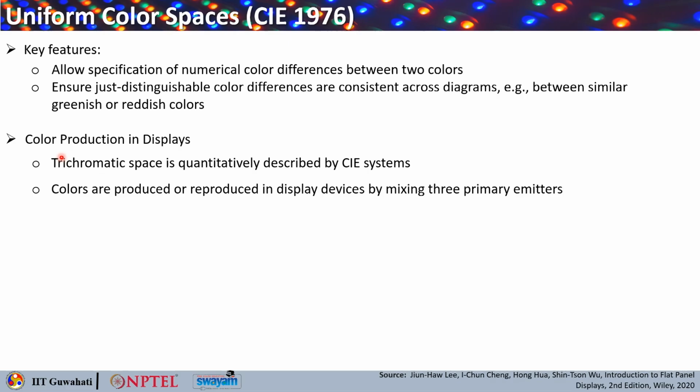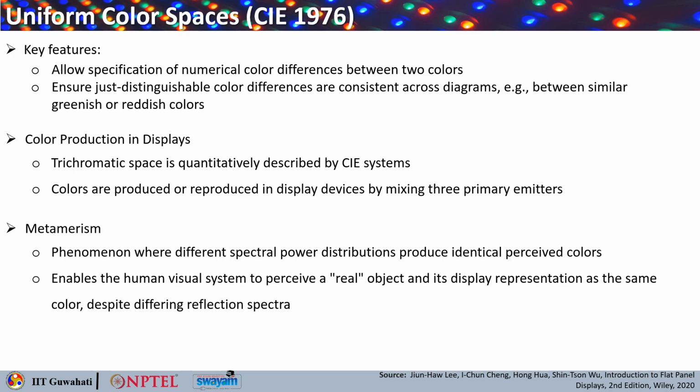For color production in displays, as we understood, you require a trichromatic space to quantitatively describe colors using these CIE systems, so that the colors can be produced or reproduced in display devices by mixing the three primary emitters.